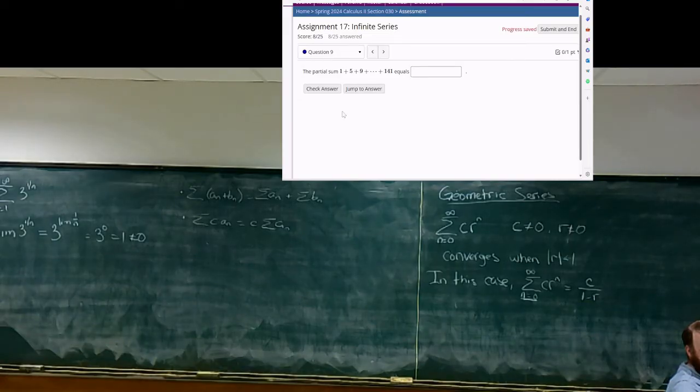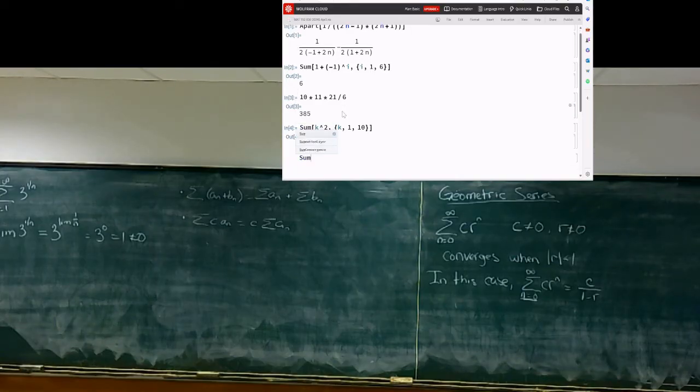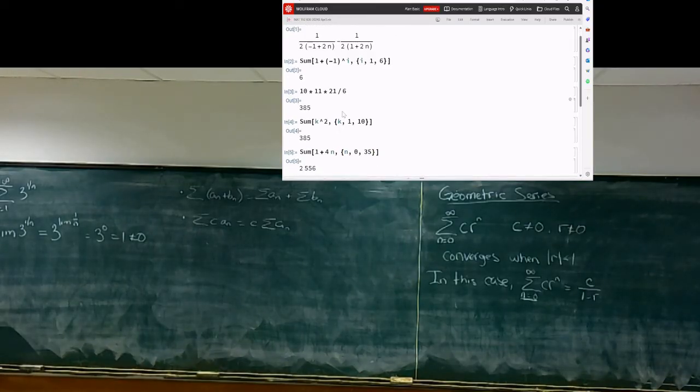Well, 140 over 4. 35. Sum. So that would give us 2556.